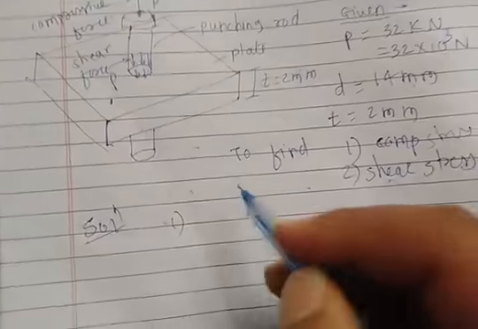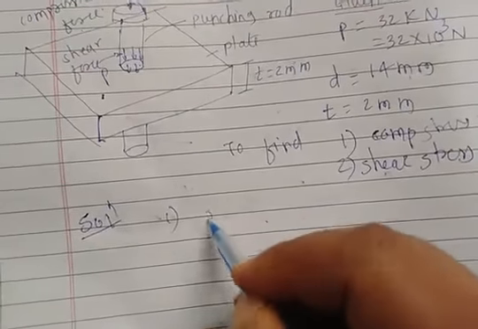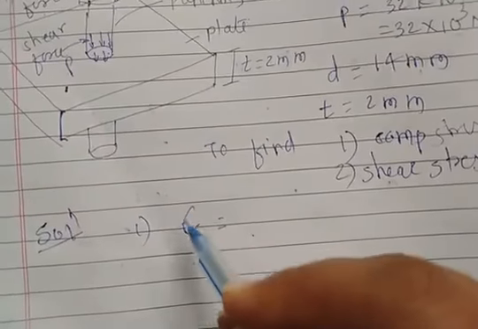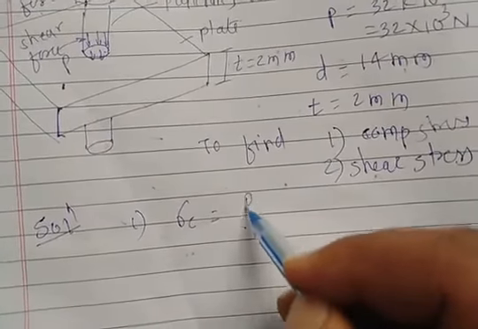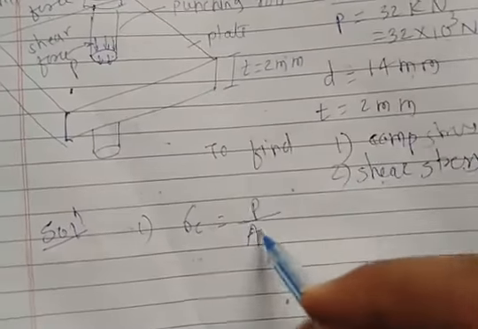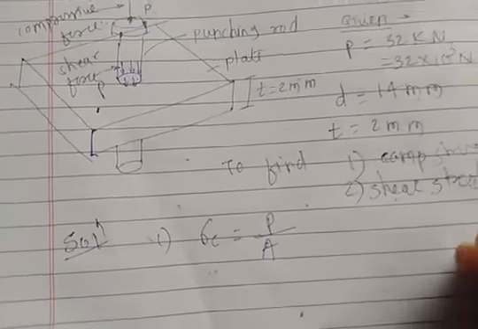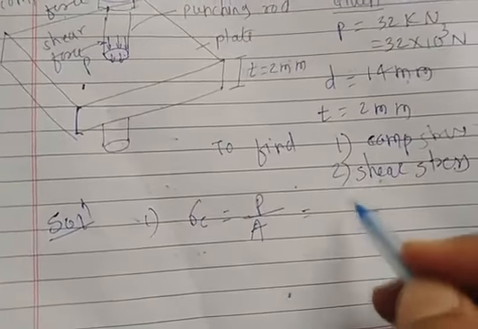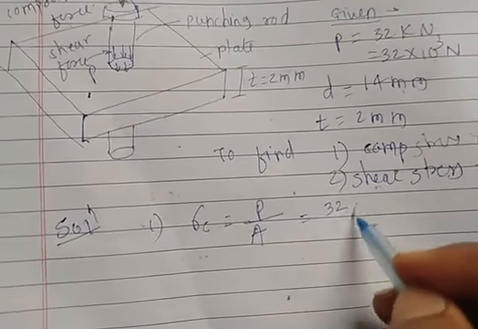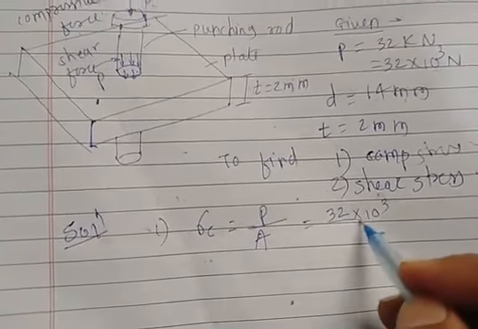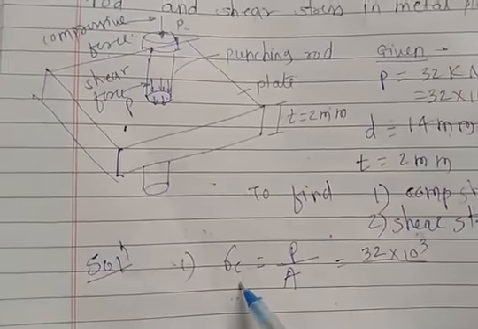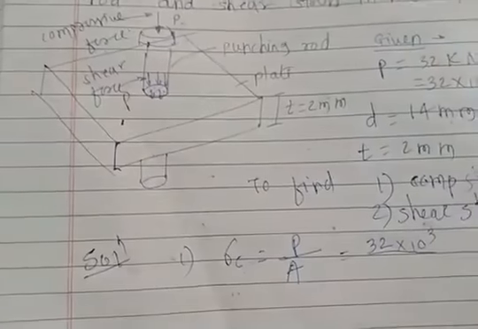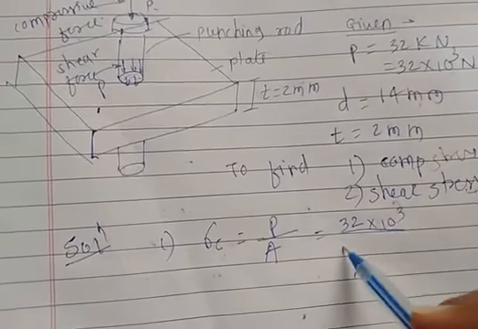We know for the compressive stress, sigma C stands for the compressive stress. So sigma C is equal to compressive load upon area. The compressive load is 32 kilonewton, so put the value of load 32 into 10 raised to 3. Remember, in case of compressive force you have to take this area. This area is calculated as pi by 4 d square.